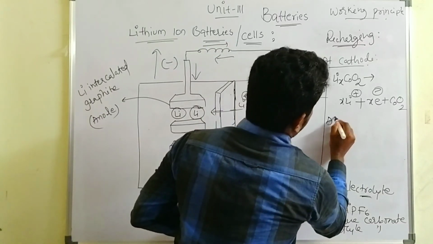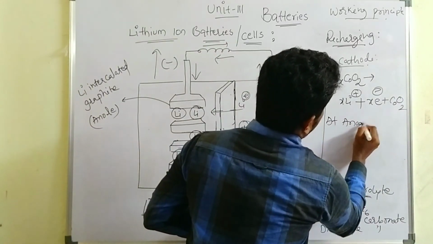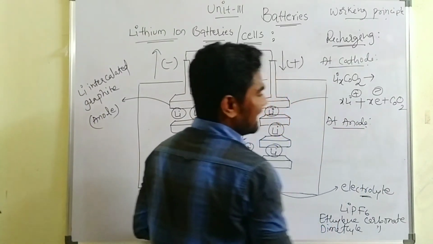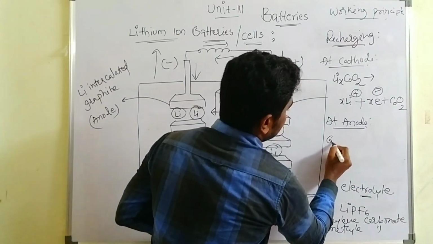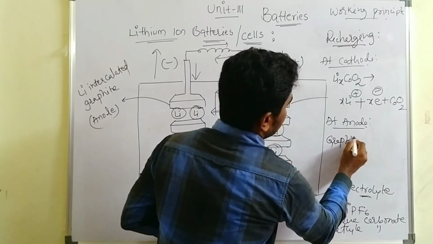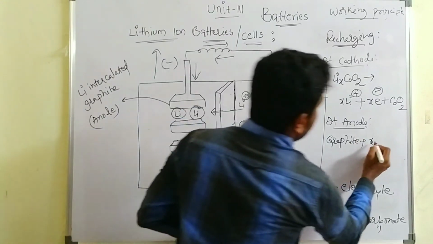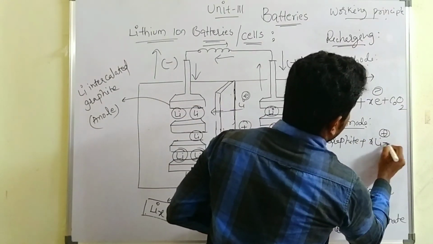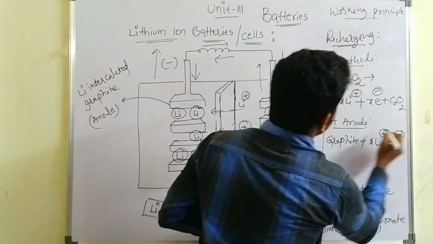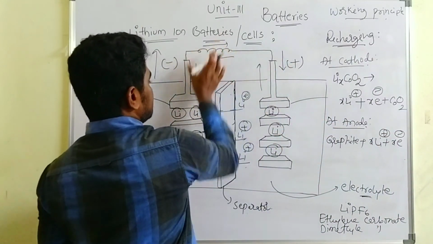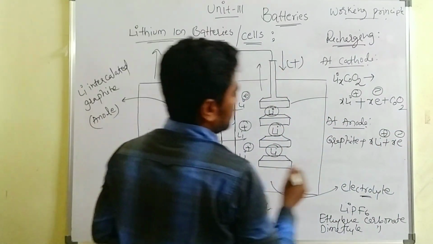So at the anode we have the reaction. Initially graphite is there, plus the Li+ ions, and electrons which come through the external circuit.